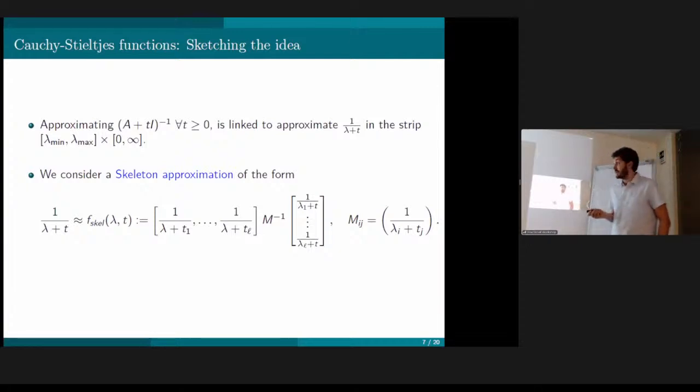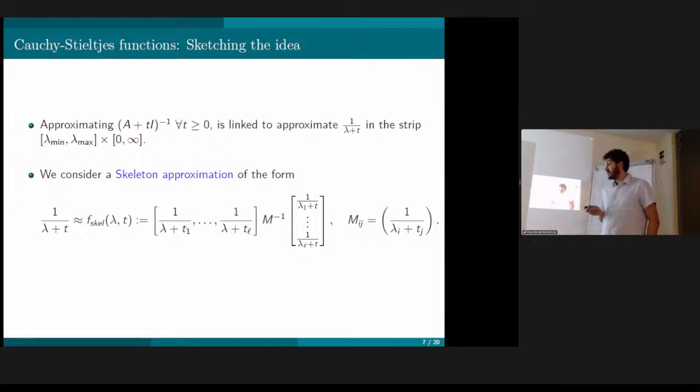And so the approximation I'm talking about is called the skeleton approximation, and it is an interpolation over a grid. So you take some points here, the lambda i, you take some points there, the t j, and then you impose that your approximation matches the Cauchy kernel on the grid given by the pairs lambda i, t j.